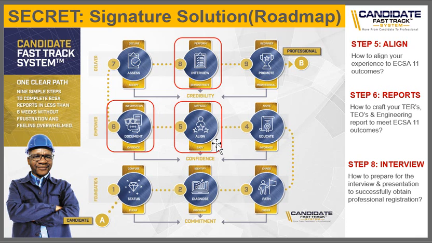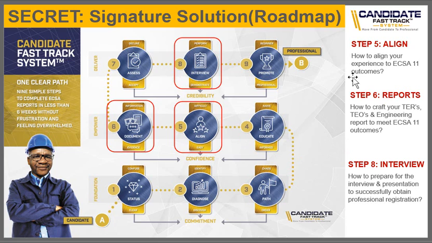Now, step number 5, you can see I've highlighted in red. This is called the ally, or alignment, step. This is where we show you how to take the experience you have gained in step number 4 and align it with ECSA's requirements. Step number 5, number 6, and number 8 are very critical steps in this process. If you miss step number 5, you're going to struggle to do step number 6, and you're probably going to struggle with step number 8.